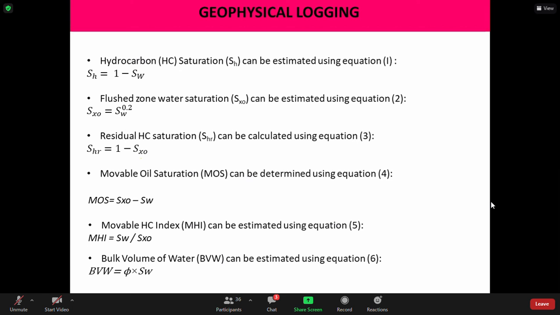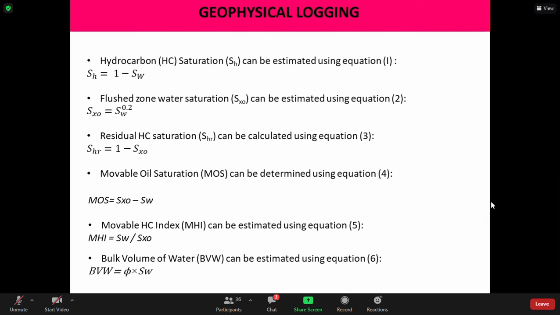Then if you want to estimate the water saturation of a flushed zone, I stated earlier that the water saturation of the flushed zone could be estimated using the square root of the product of formation factor and resistivity of the mud filtrate over the resistivity of the flushed zone.